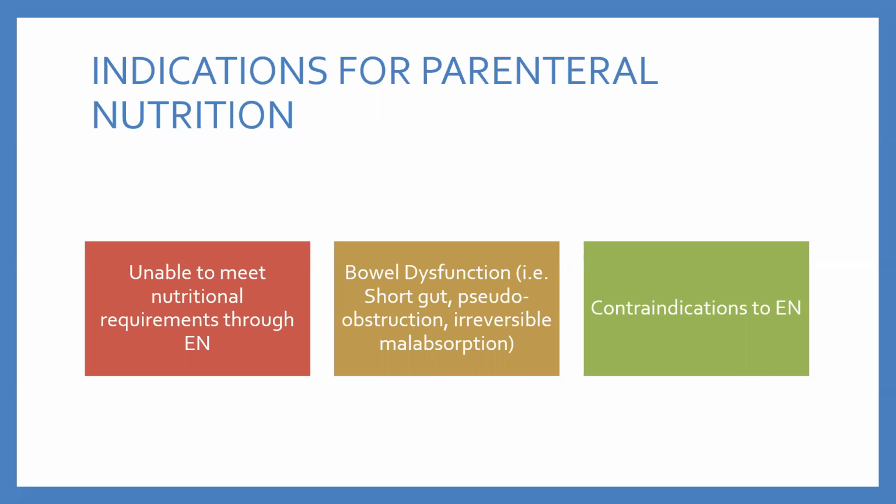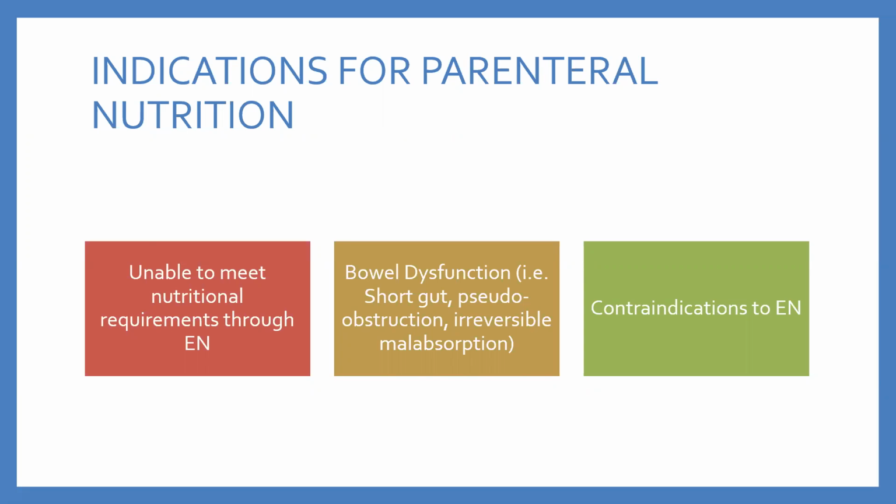The time frame of when to start this is sort of iffy, but when you look at infants, you probably want to start thinking about starting PN nutrition around 3 days if you are not able to advance to PO or a tube feed. With children and adolescents, it's usually about 5 to 7 days. However, if the patient is malnourished, you definitely want to probably start around 3 days.